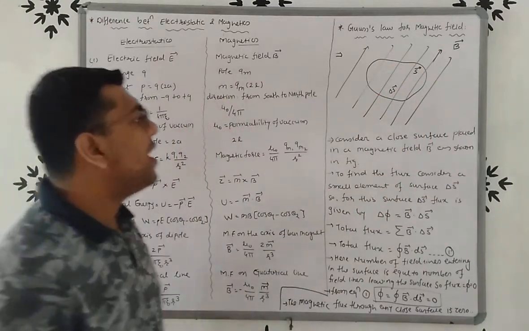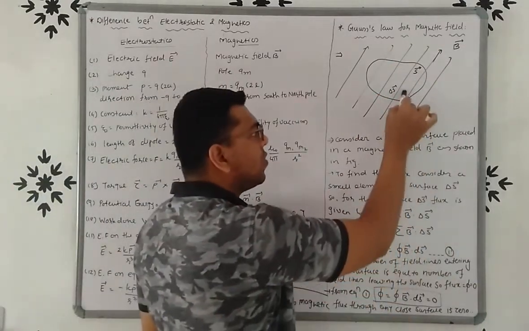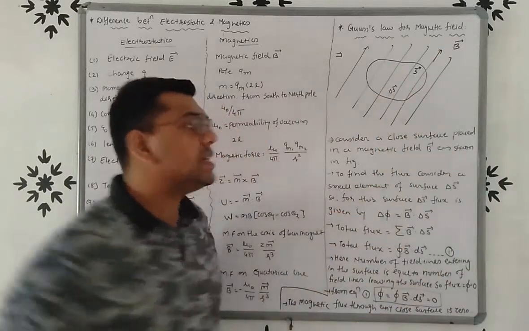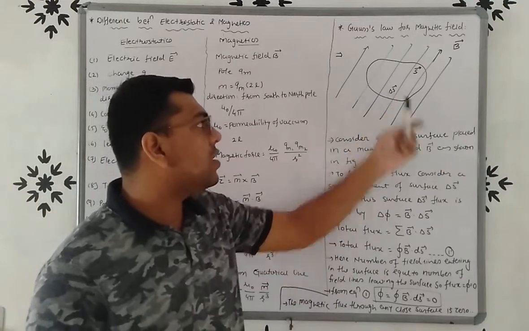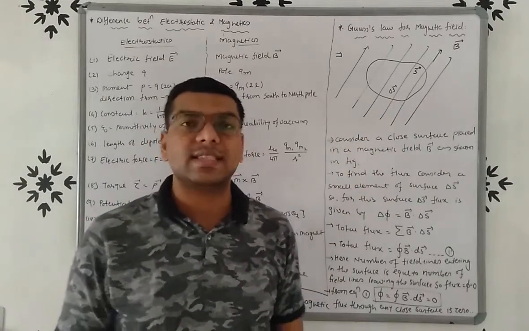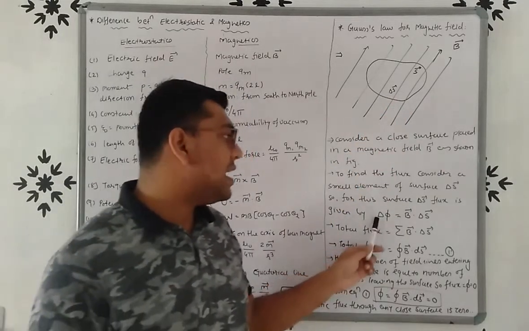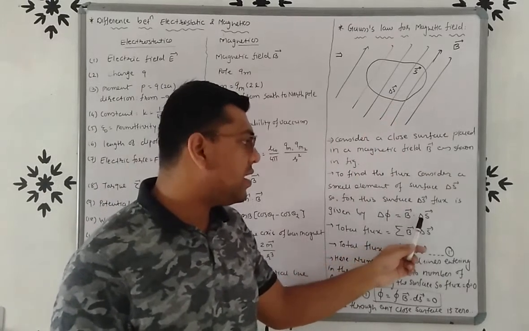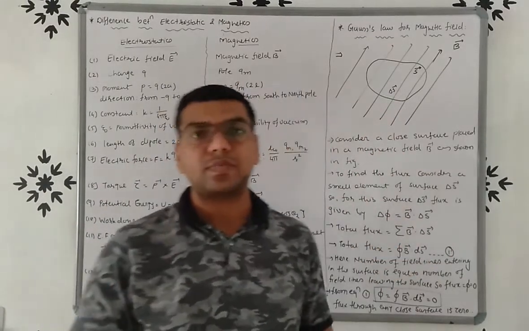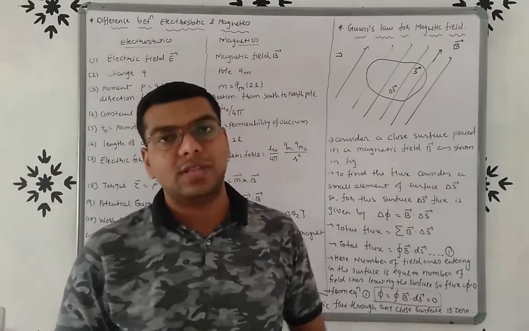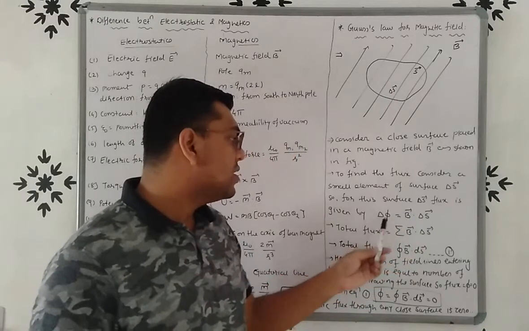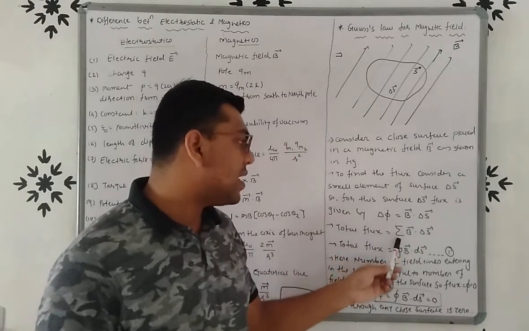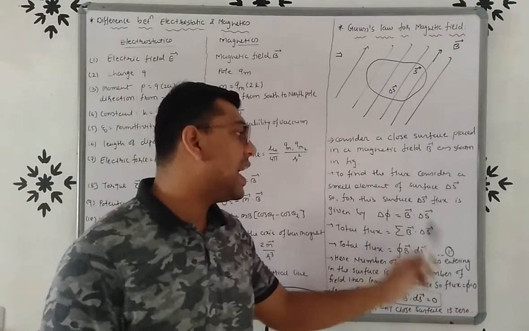Now to find out the flux, we consider a small element of surface, that is delta S. For this small element of surface delta S, flux will be given by delta phi is equals to vector B dot delta S. Now to find out the total flux, we have to take summation of this equation. So total flux is equals to sigma vector B dot delta S.